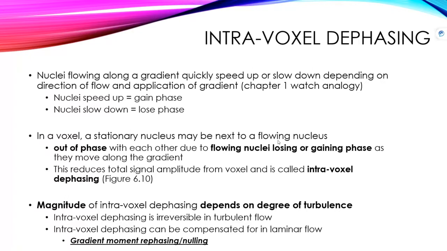For instance, when we want our flowing nuclei to show up really bright, we absolutely want our stationary nuclei to be dephased and dark. So it's not a bad thing, but it is a phenomenon that can happen. The magnitude of the intravoxel dephasing is going to depend on the degree of turbulence, which is the flow of blood.